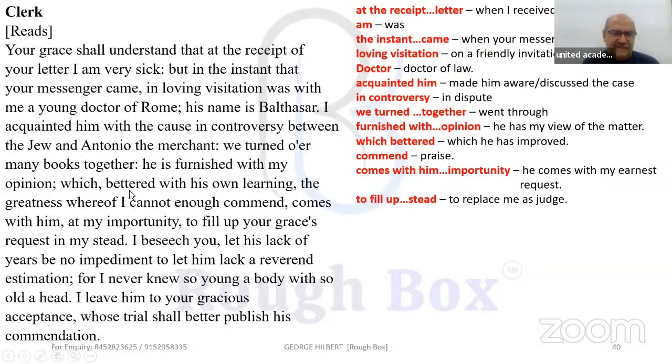He's furnished with my opinion, which, bettered with his own learning, the greatness whereof I cannot enough commend. I have already given him my view of what I think of the case. And this young judge has even bettered my view with his own knowledge, to such an extent that I don't have words to express.